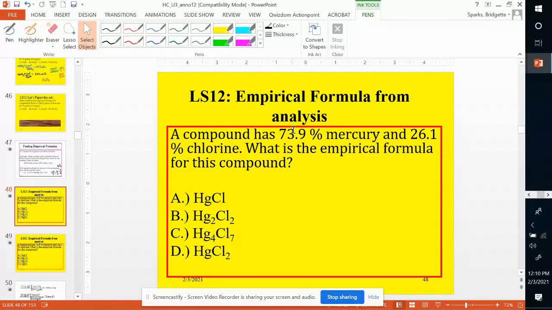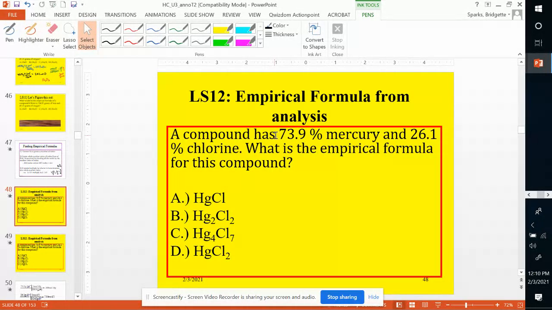So if I had a cup of water versus a gallon of water versus a pool of water, does the amount of hydrogen compared to the amount of oxygen in the water change? And of course, the answer is no, it's consistent. So we can take whatever sample size we want.